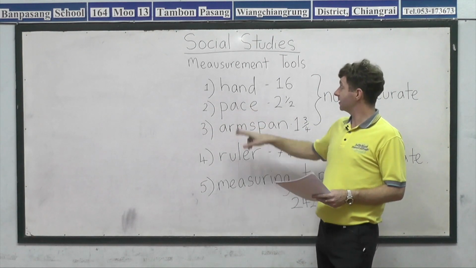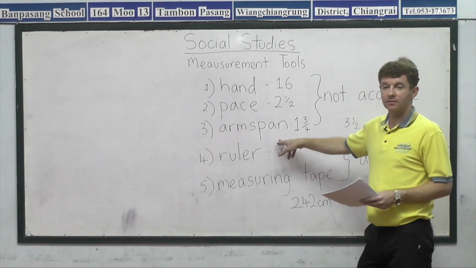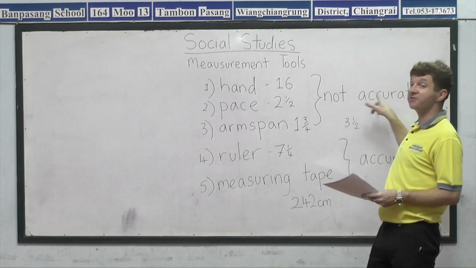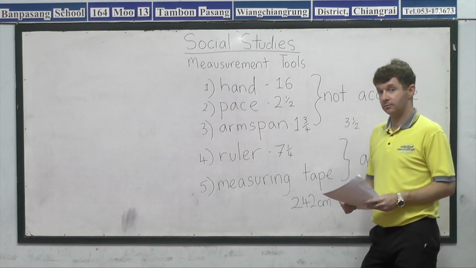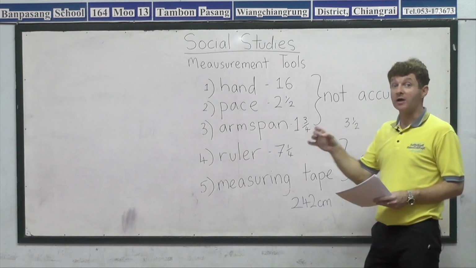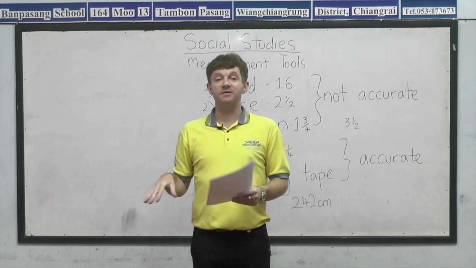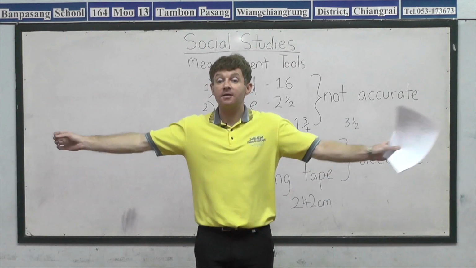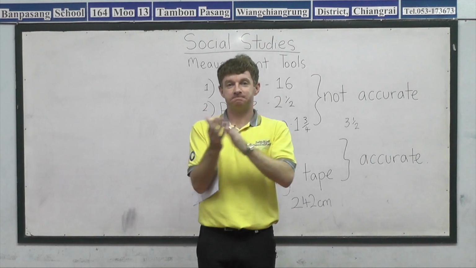Hands, pace, arm span, which are not accurate. And then ruler and measuring tape, which are accurate. And we use all of these things to measure distance. Excellent, guys. Very well done.